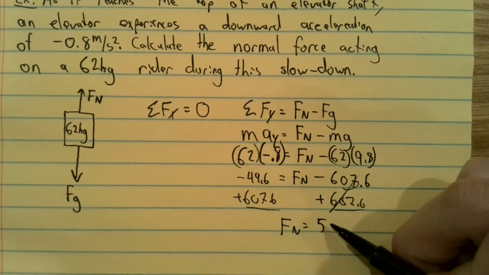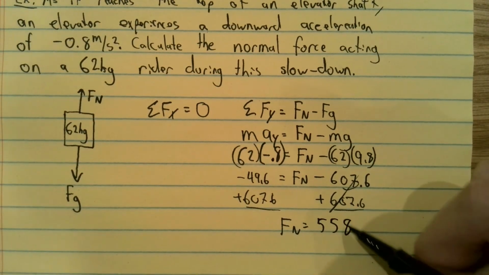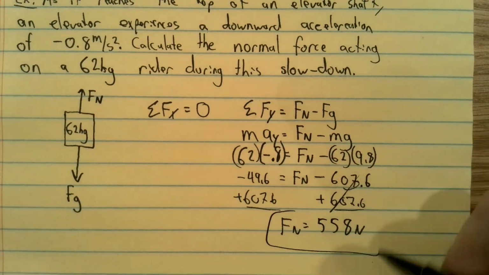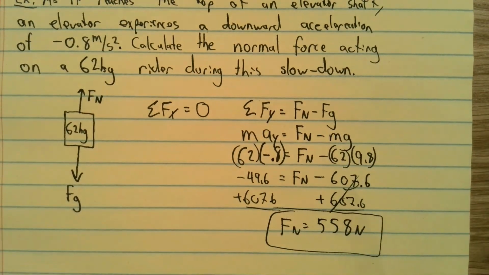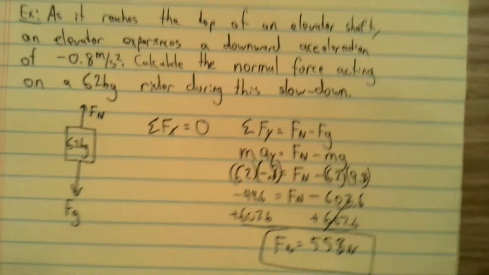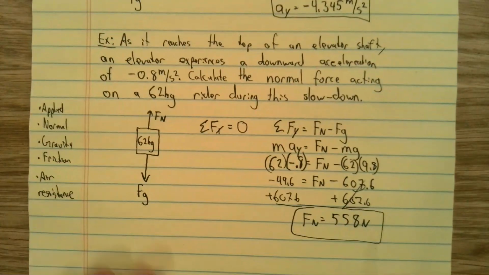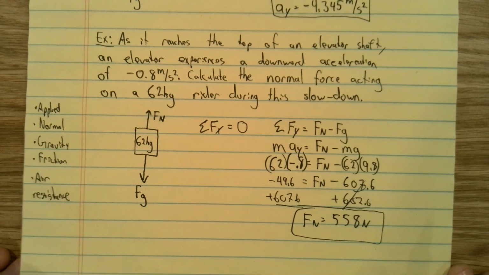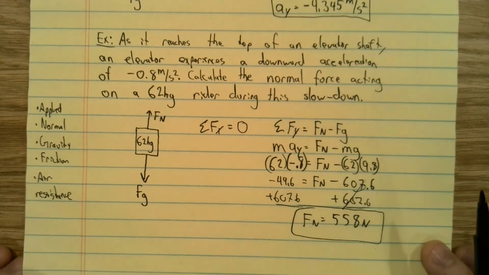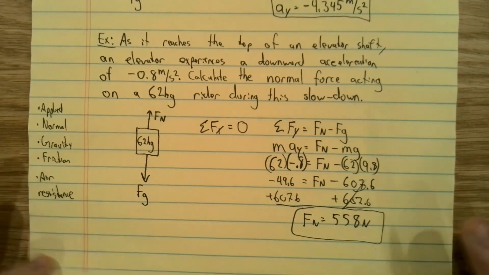It'll be 558 newtons. So, if there is vertical acceleration, normal force is not the same as gravity, but we'll very rarely talk about things accelerating in an elevator.